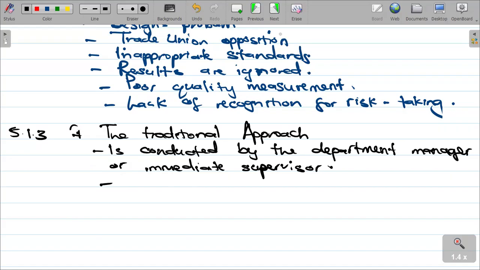This one is the first one. The second approach is what we call peer rating. Right. Here, it allows employees to be rated on prepared forms by co-workers.